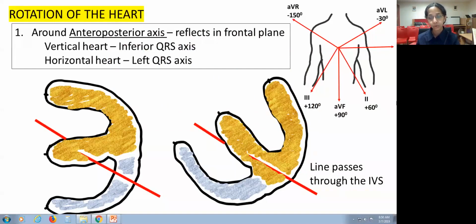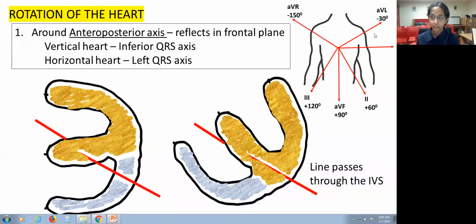Commonly, whenever you go to individual heart disease, they would say that it is clockwise rotated, it's counterclockwise rotated, and it's always confusing to imagine what happens based on the ECG being seen in front of us. So now, the rotation of the heart is understood in two planes. One is in the frontal plane, which is the coronal plane, and the second is in the axial plane.